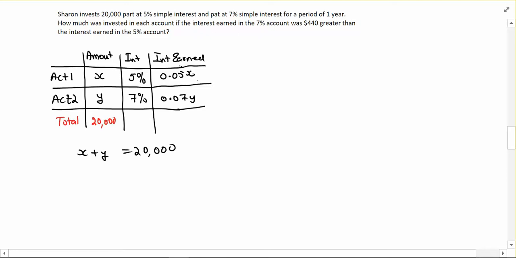So we have 0.05x and we have 0.07y, and how much was invested in each account if the interest earned in the 7% account was 440 greater than the interest earned in the 5% account. So to make these equal, I would have to add 440 to this 5% side in order to make it equal, because the 5% side was less than the 7% side. So that's how they relate, and now we have two equations.